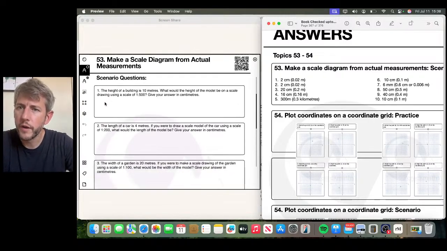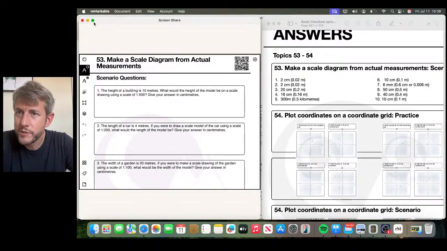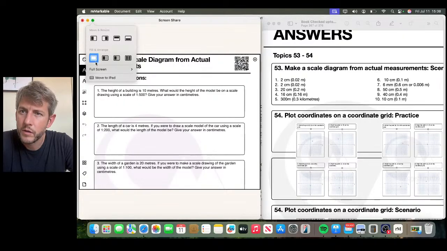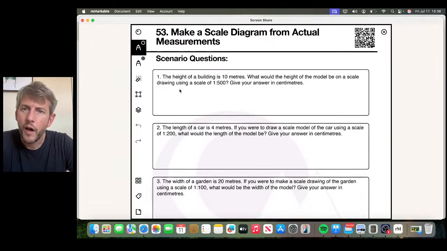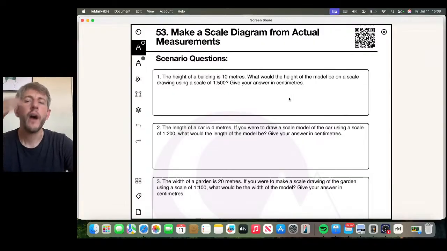Question 1 is the height of a building. Oh no, let's make that large. The height of a building is 10 meters. What would the height of the model be on a scale drawing using a scale of 1... Oh, let's give your answer in centimeters this time.